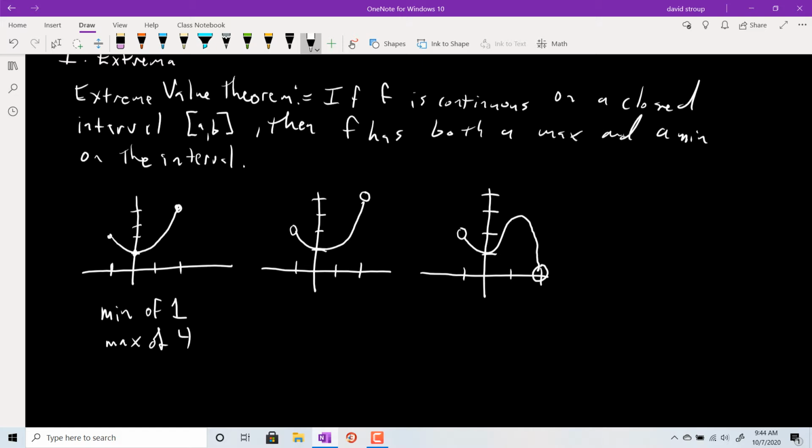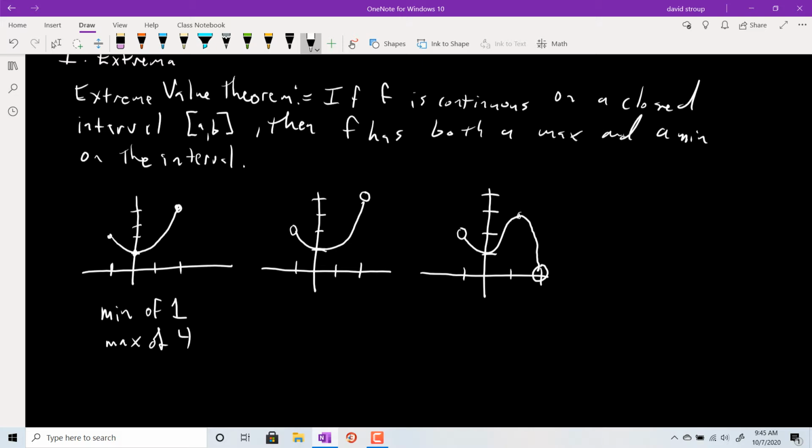It has these open holes at the endpoints, but it will achieve a max and a min. Its min is at 0, and it has a min of 1, and then its max is at 1, and it has a max of 3. Looks like 3. Okay, so this one does have a min and a max, but not all functions, if they don't meet this criteria, will have a min and a max.